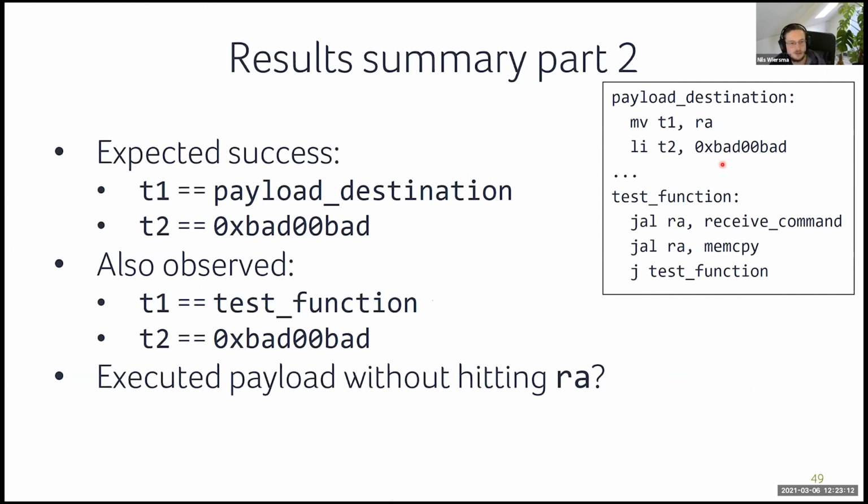But one thing we also observed is that we ended up in our payload, so we got this magic value, but the jump to the test function was the value in the return address. This suggests that we somehow managed to reach our payload without hitting a copy instruction such that the address gets loaded into RA.